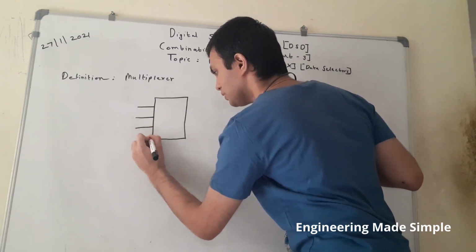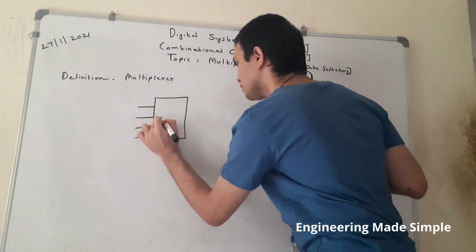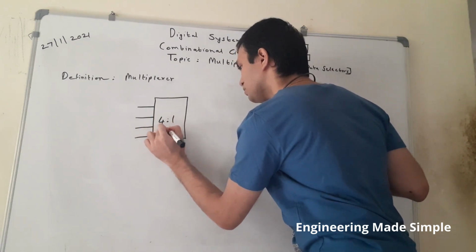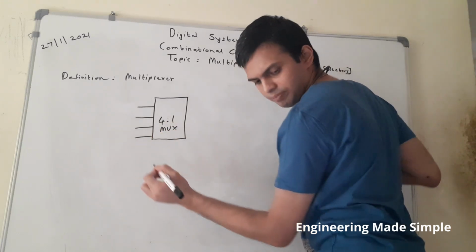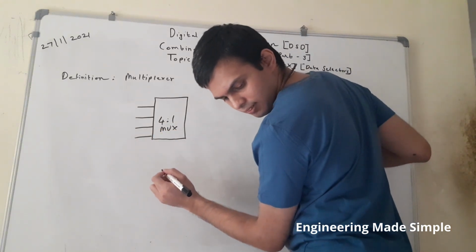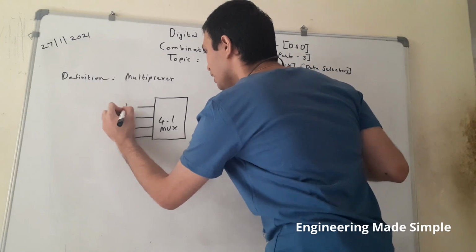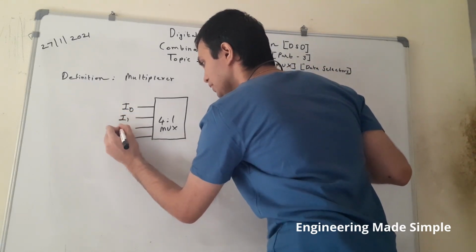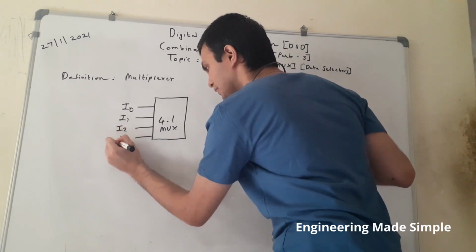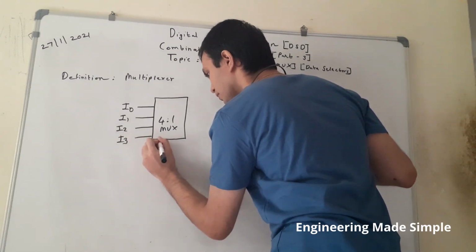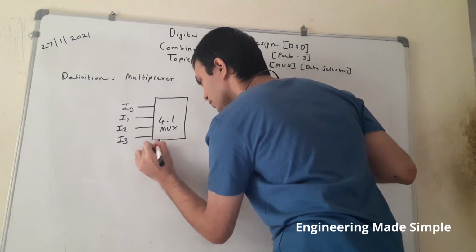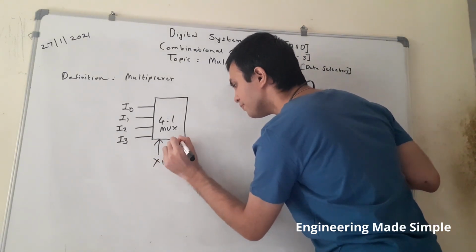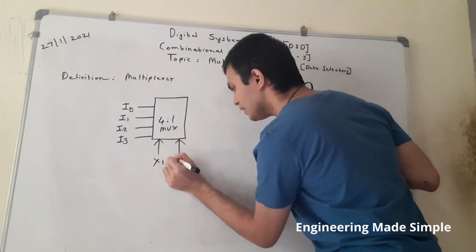One, two, three, four. I0, I1, I2, I3. This is X1, X0.